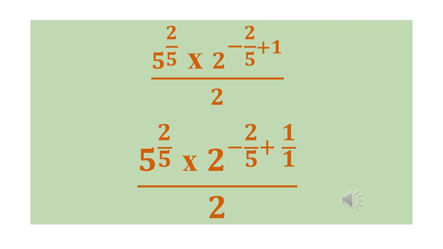Now we can use the normal addition of fractions for the exponents on 2, as in the 2 which is the numerator.